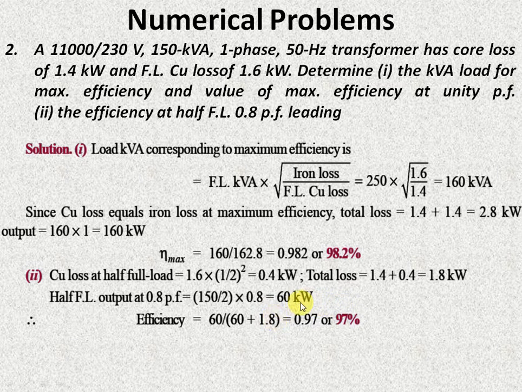So now we know the output power at 0.8 power factor load, that is half full load, as 60 kilowatt, and the efficiency as output divided by input, which is actually 60 divided by 60 plus 1.8. You will be able to get the efficiency as 97%.